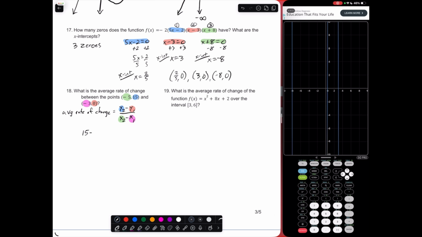Other than that, these should be pretty easy problems. We substitute them in. So negative 5. Just use parentheses out of habit. So negative 3 was here. Red, blue, and green. Right, 15 minus 0, that's easy. 15. Negative 5 minus negative 3. Be very careful. That's negative 5 plus 3.